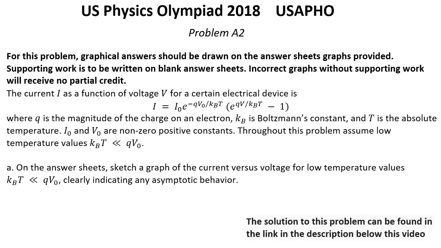Throughout this problem, assume low temperature values, kBT much less than QV0. Question A. On the answer sheets, sketch a graph of the current versus voltage for low temperature values, kBT much less than QV0, clearly indicating any asymptotic behavior.